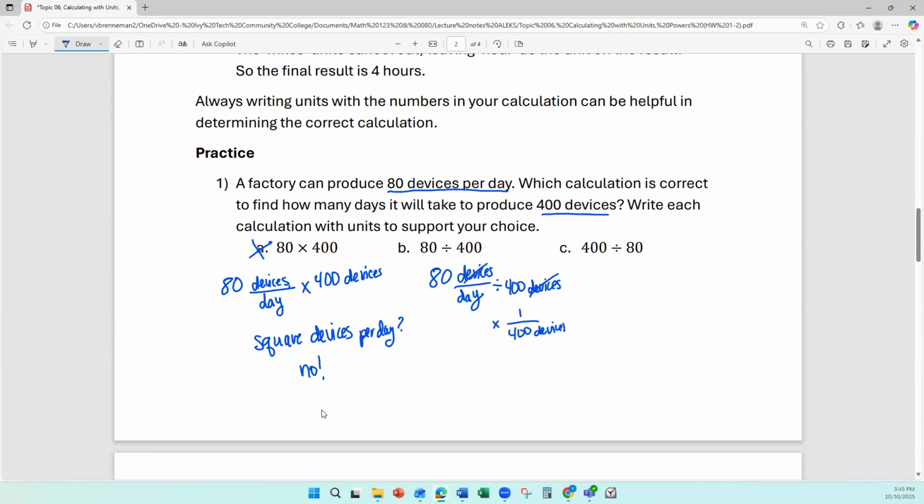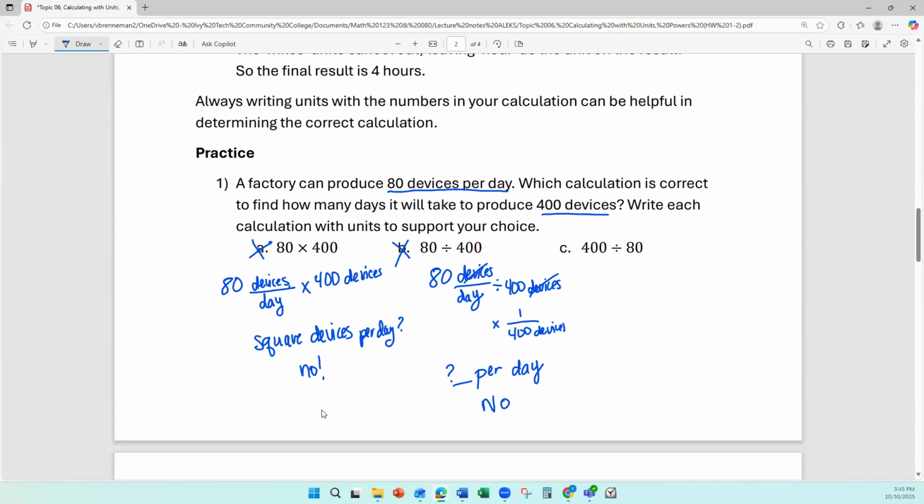So that's good. We want that to happen. But there's still a problem here. This would be per day, would be the unit. And you should never have a per unit if there's not some other unit to begin with. So it'd have to be something per day, and there is no something left. So that's also no good.